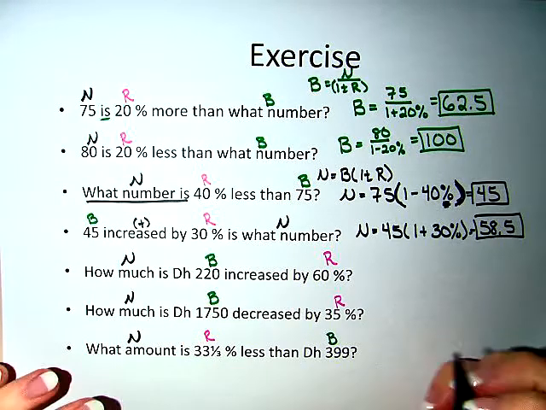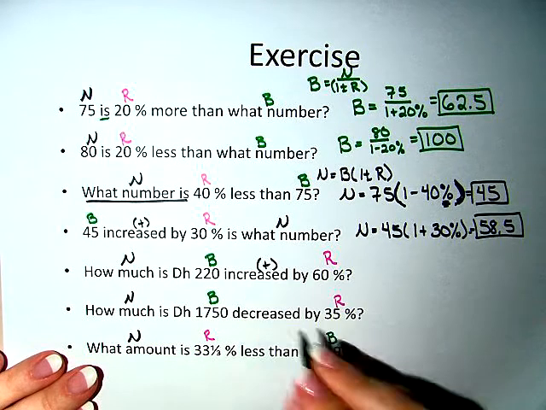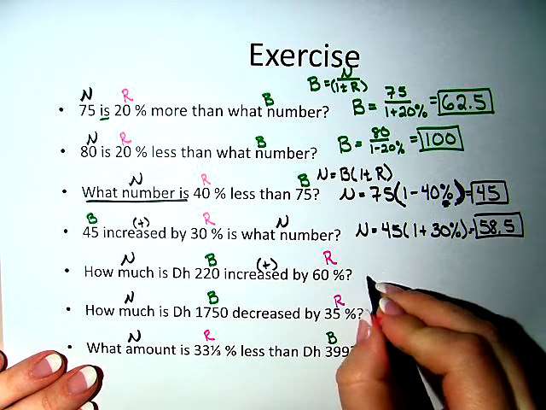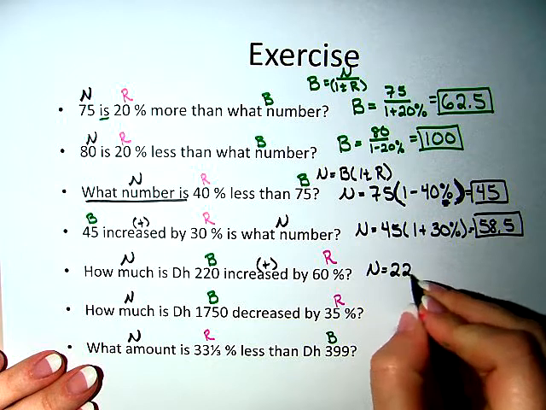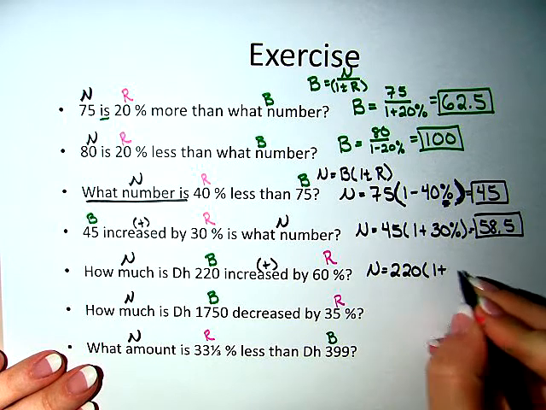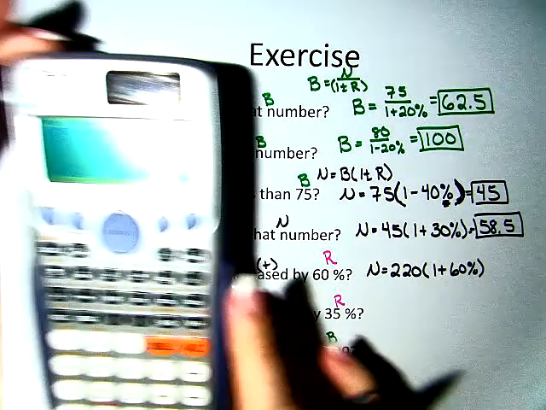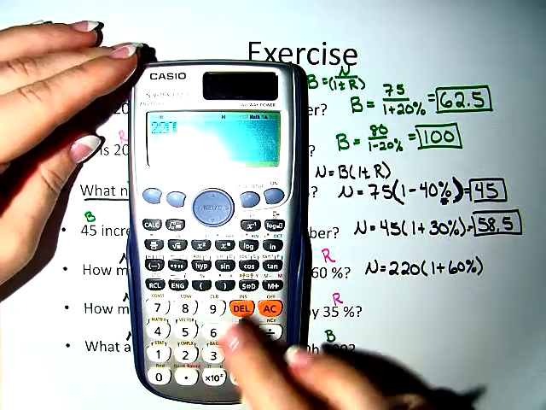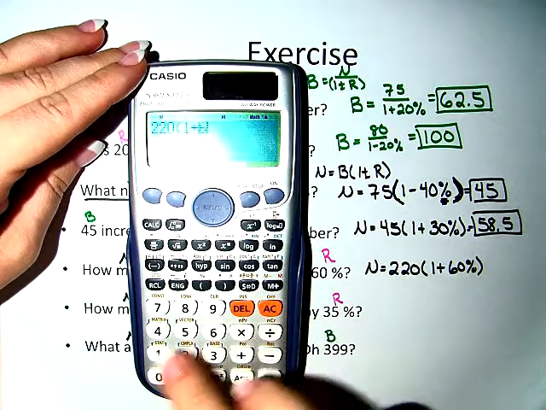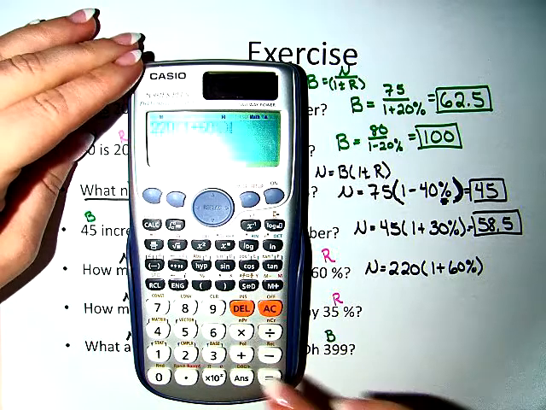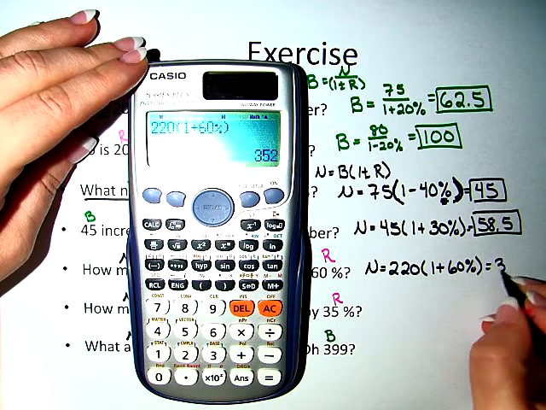How much is 220 increased by 60%? So the new number, 220, increased by 60%, is 352.